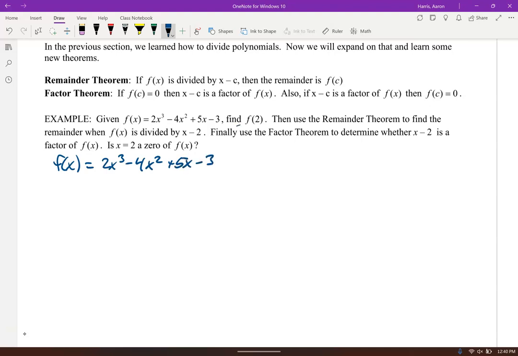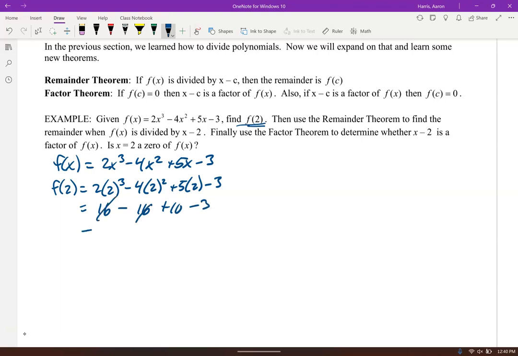And let's find f of 2 first. Let's see if it has a remainder first. So let's plug the 2 in. Let's see what the remainder is. So we got 2 times 8, 16, minus 4 times 4, 16, plus 10 minus 3. Looks like those are gone, so it's 7.